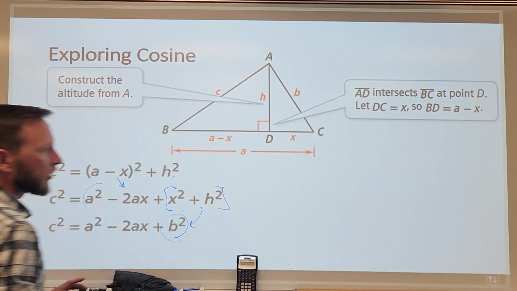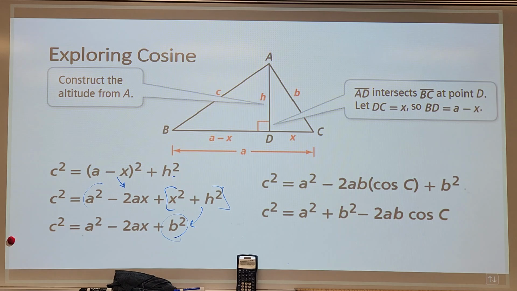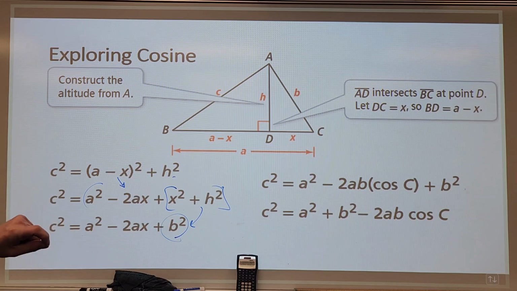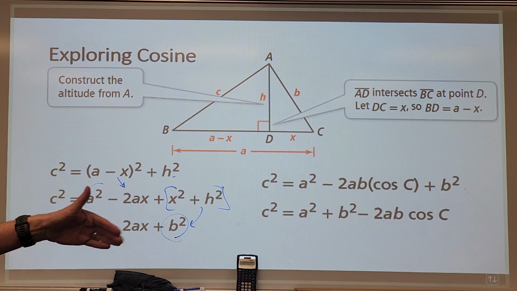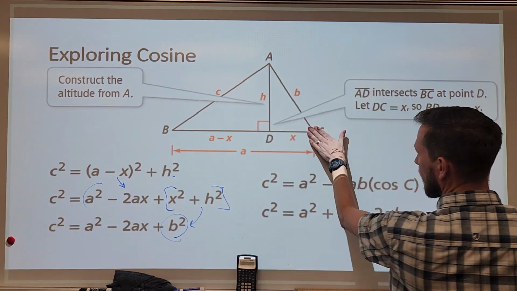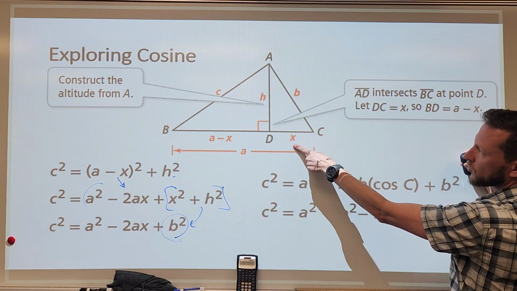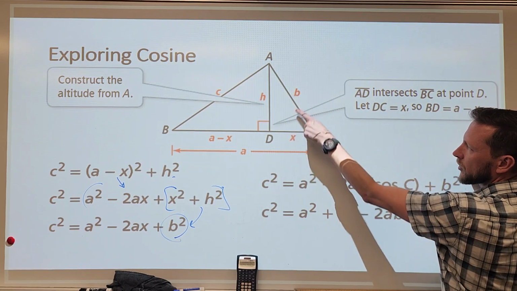But now I'm going to do a little bit of other math magic here. We're going to recognize that we have this magical relationship with what x actually is. X we can find using cosine, saying that the cosine of this angle is equal to adjacent over hypotenuse, all right?